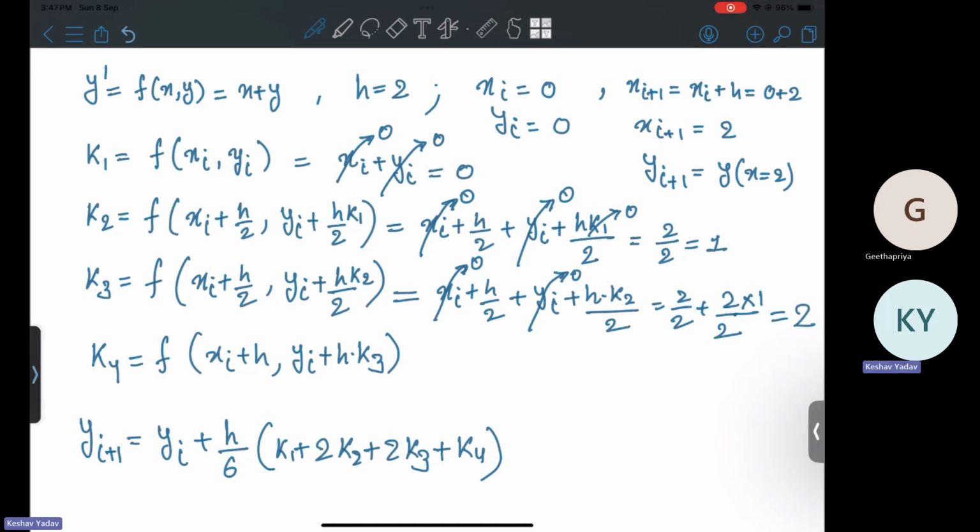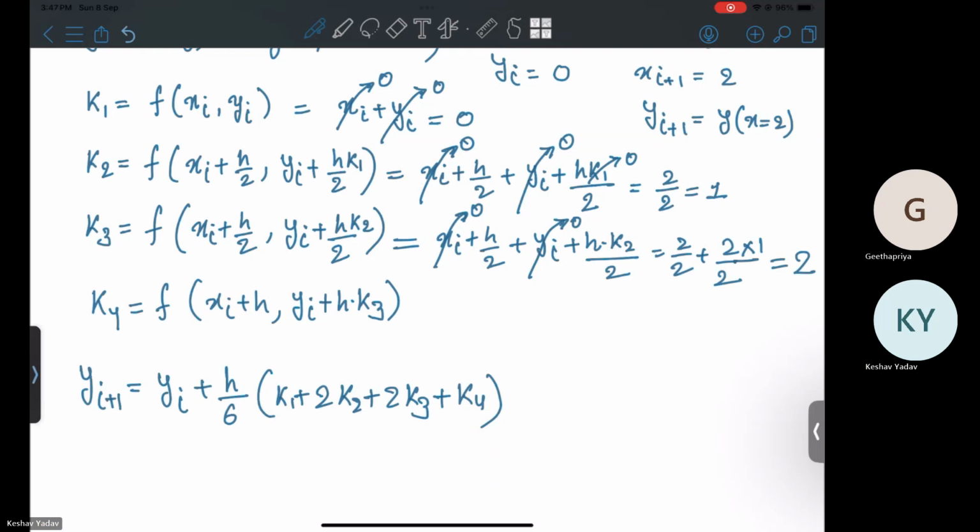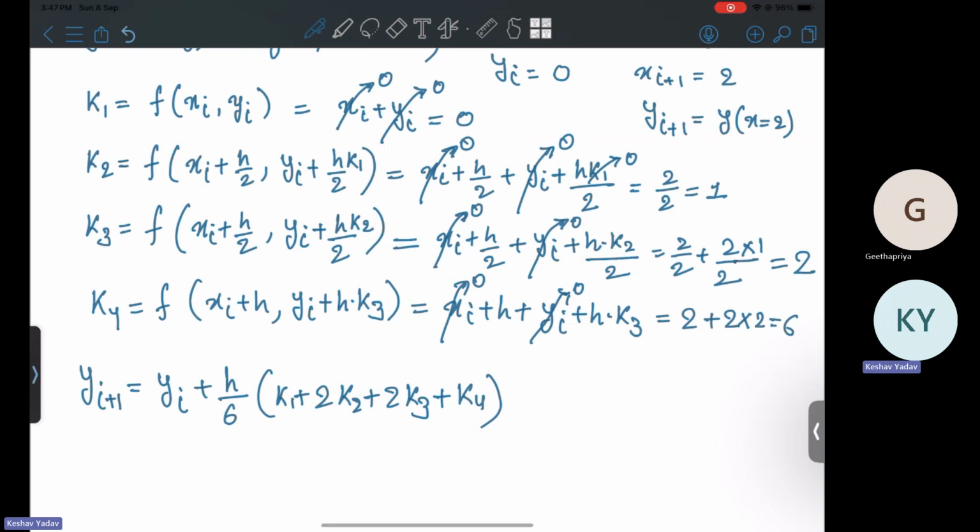This will be equal to 2. Now K4, this will be xi plus h plus yi plus h multiplied by k3. So this is 0. This is 0. So 2 plus 2 multiplied by 2, that will be equal to 6. So k4 is 6.